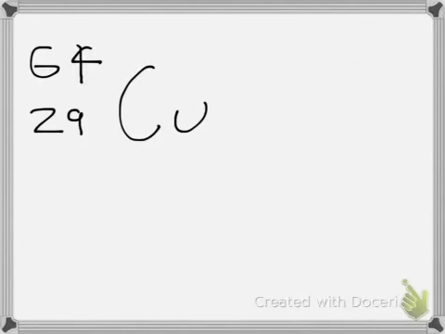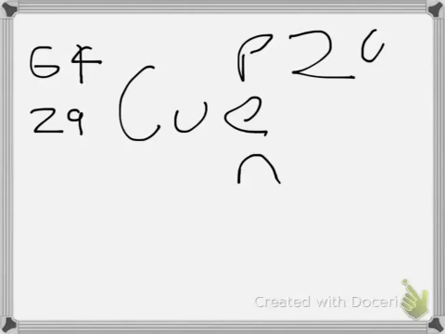We can see from our periodic table that the atomic number of copper is 29 and the mass number is 64. So I can tell from that the number of protons, the number of electrons, and the number of neutrons. My number of protons is exactly the same as my atomic number.